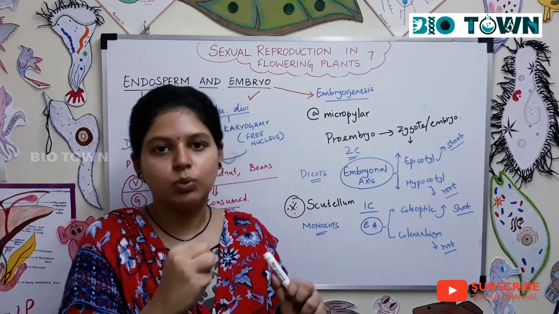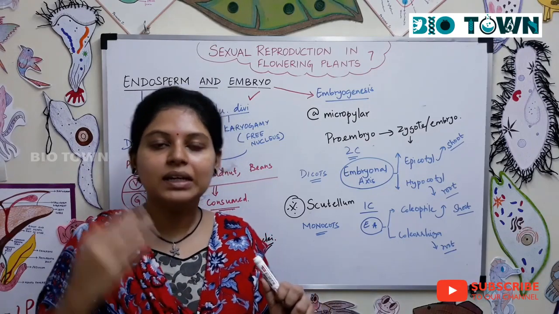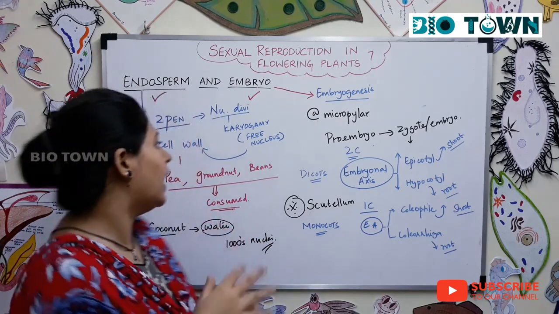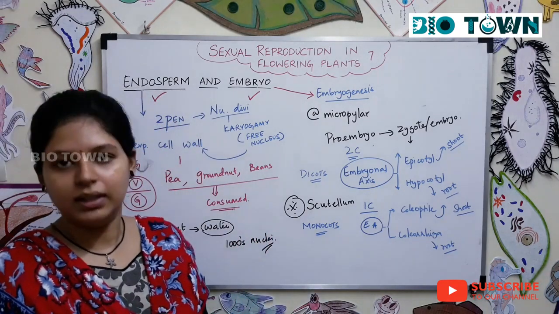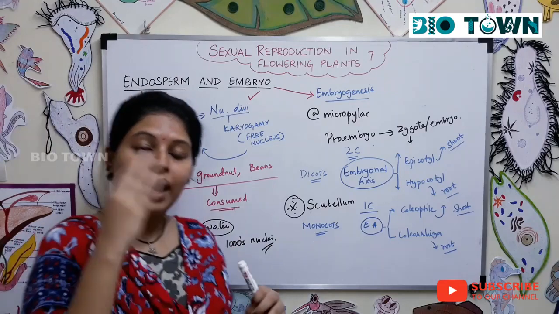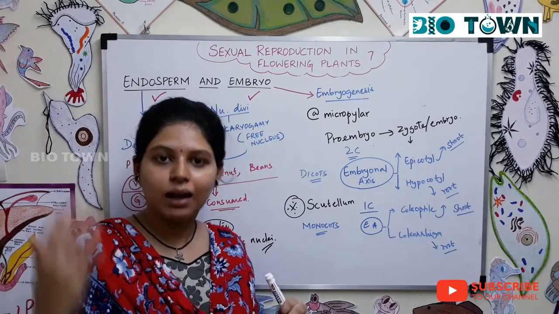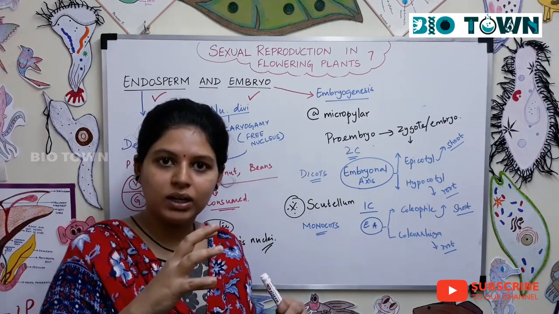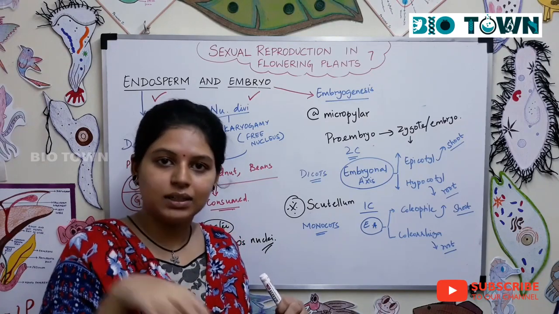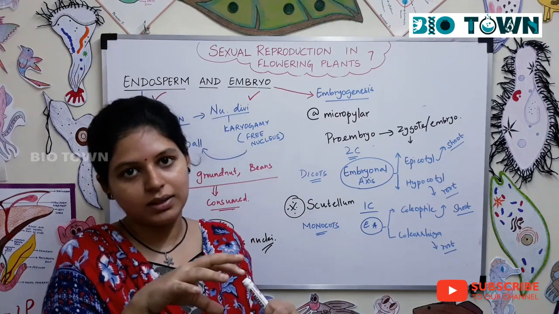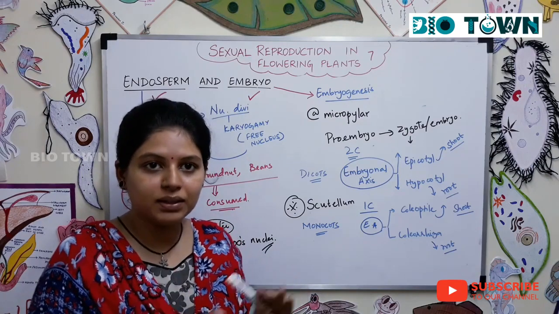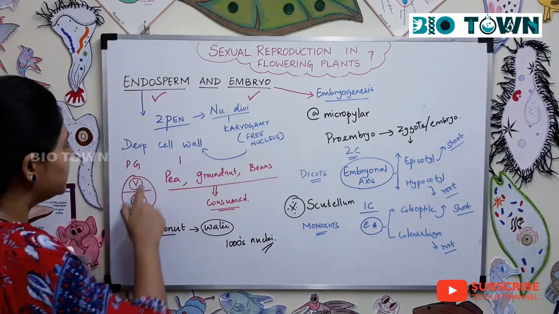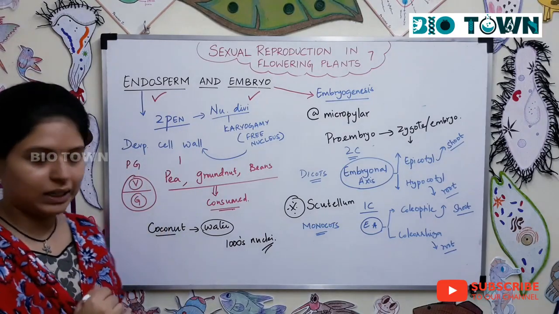After this stage, there are repeated nuclear divisions, which is called karyogamy, right? After repeated nuclear divisions, each of these nuclei tends to be surrounded by cytoplasm.